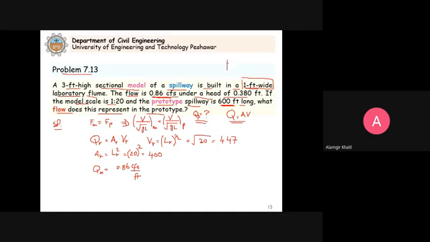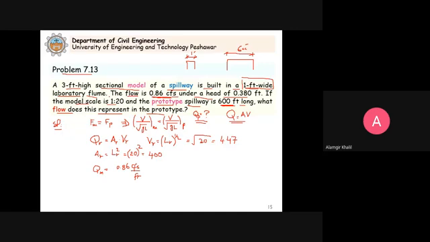So let's say we see the view of this spillway over which the water flows. This is 600 feet long, that we need to calculate. But in the lab, the width is 1 foot.